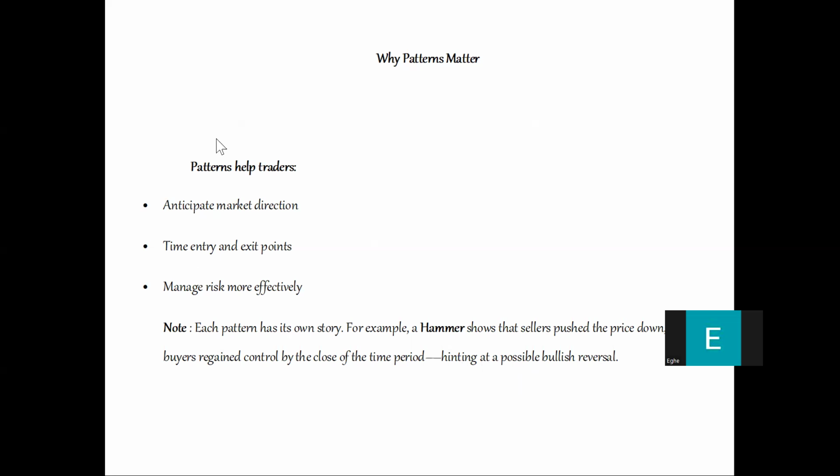So a trend that has been going down, all of a sudden you see the last candlestick with a rejection and a long wick, that is a hammer. Then automatically you know that, okay, buyers have stepped into the market. A bearish trend will now turn to become a bullish trend. So we call it a bullish reversal.